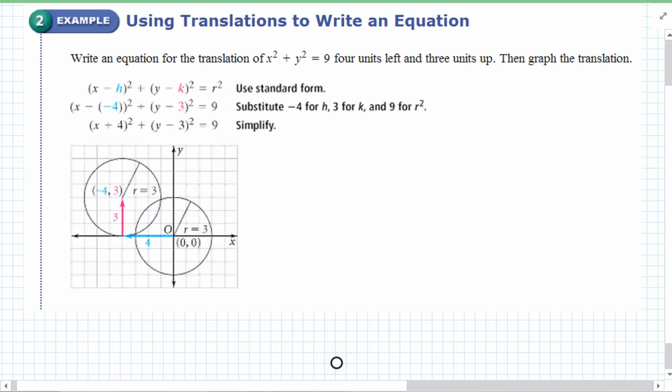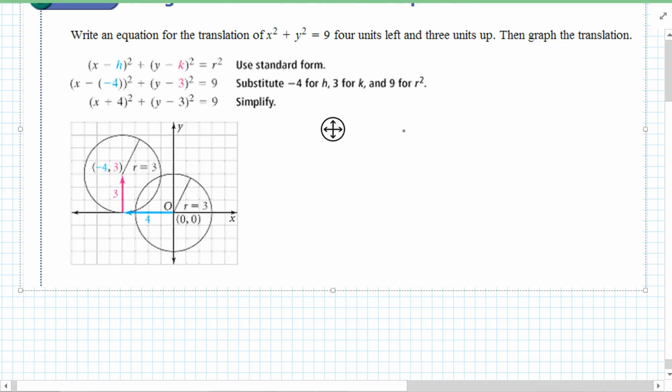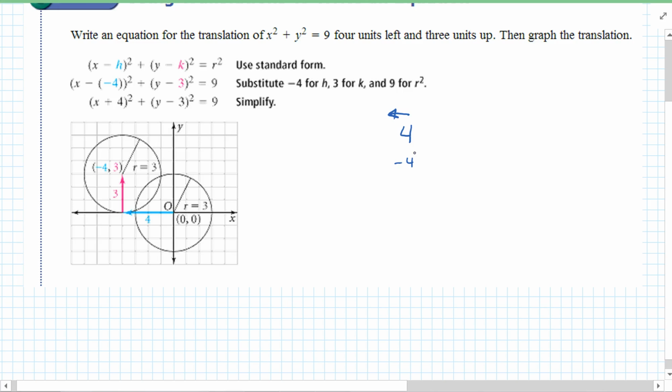Just like we've been doing. Write an equation for the parent function that translates 4 units to the left and 3 units up. So we got 4 units to the left, so that'd be a -4, and 3 units up, so that'd be a +3.